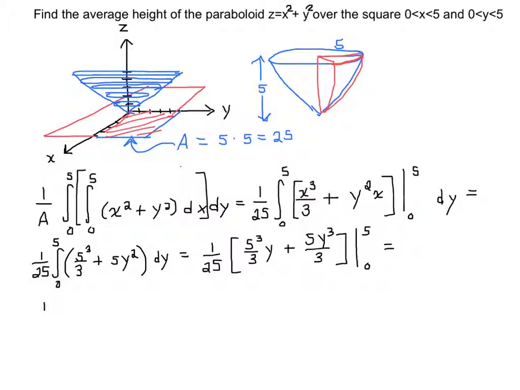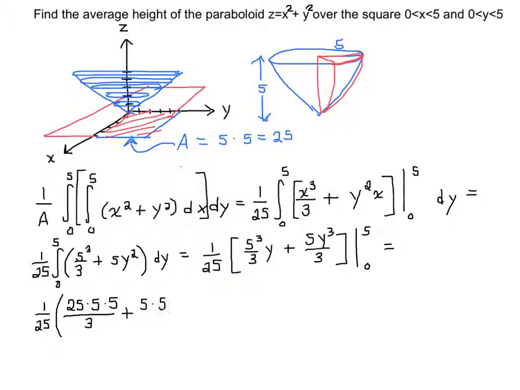And this gives us 1 over 25 times 5 cubed. Well, 5 times 5 is 25, so let's make that 25, that's for the 5 cubed, times 5 is the 5 cubed. And then we put a 5 in for y, and that's over 3, plus 5 times 5 cubed.